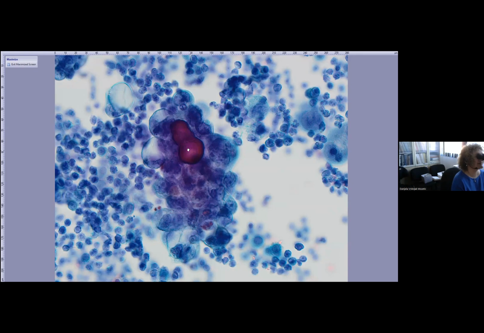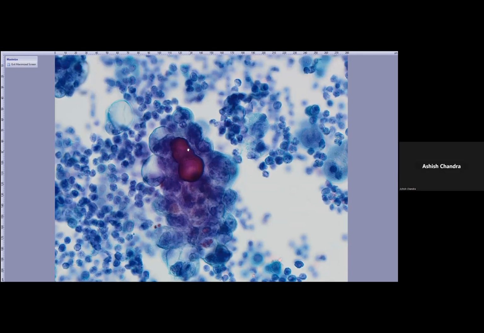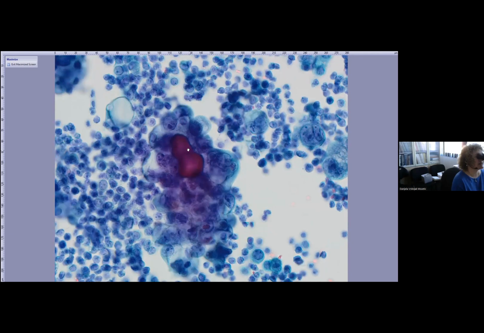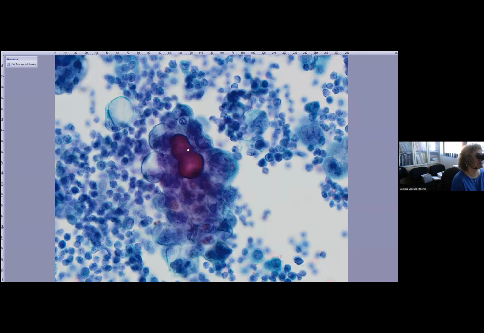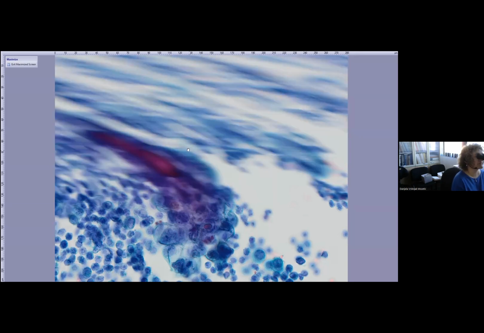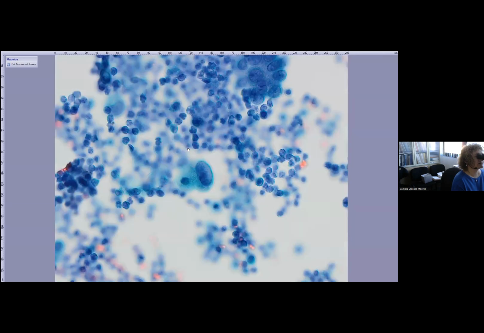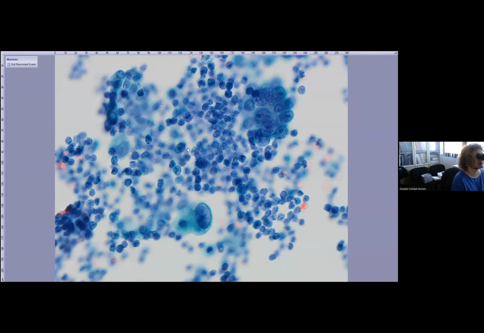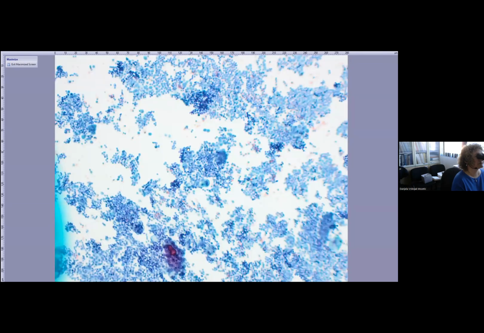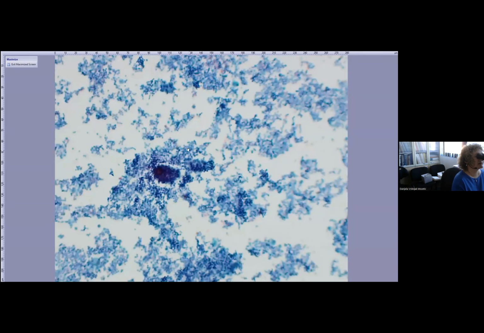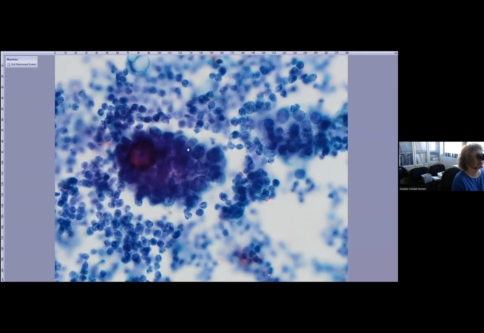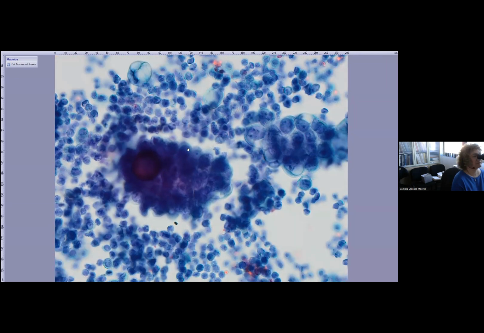Yeah, you can see it here. So this is typical for the serous type of cancer, and by the cells you can see it is a high-grade carcinoma. So just a few other cells, smaller, bigger. Here another cluster with a psammoma body.